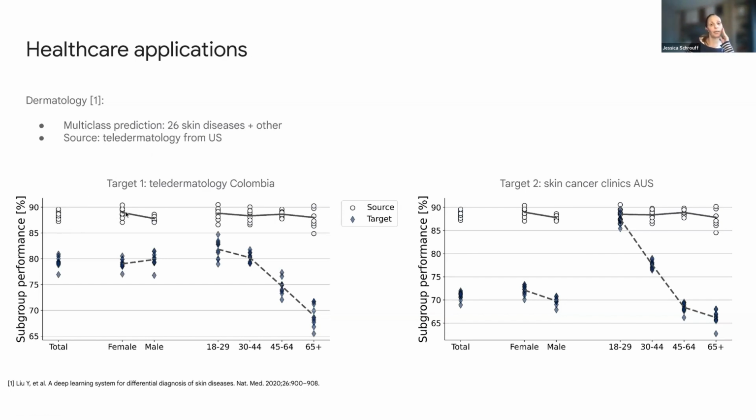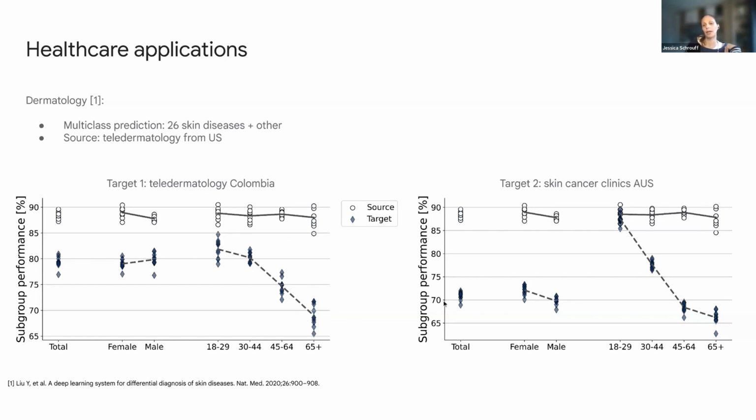So now we apply this model, without any mitigation because it's quite fair, to teledermatology clinics in Colombia. These are the blue diamonds here. We see quite different results, especially in terms of age, where the model is really doing worse on the 65 plus.